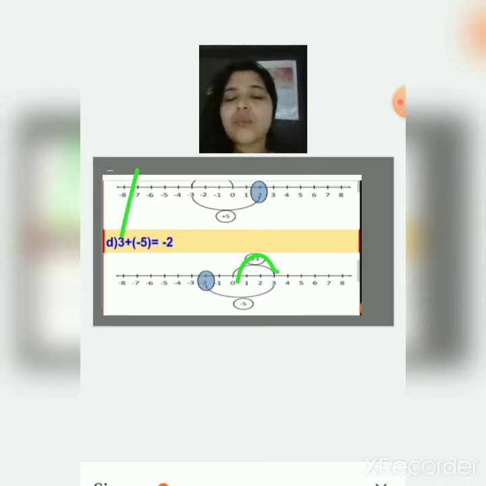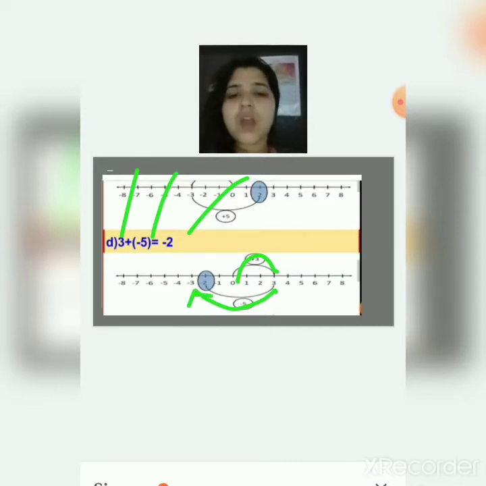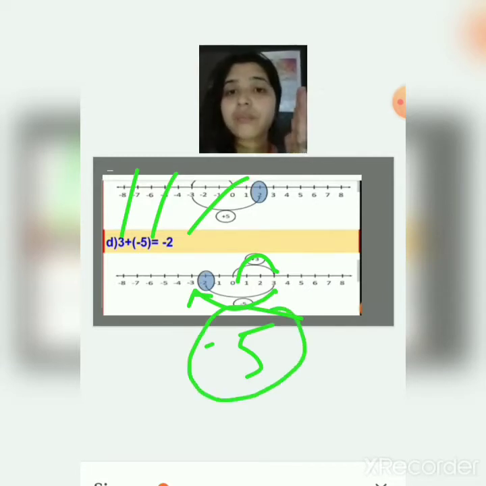So you can take from 3 directly to minus 2, and show that you have taken minus 5 steps. It means you move 5 units back, 5 steps back. So we have minus 5.